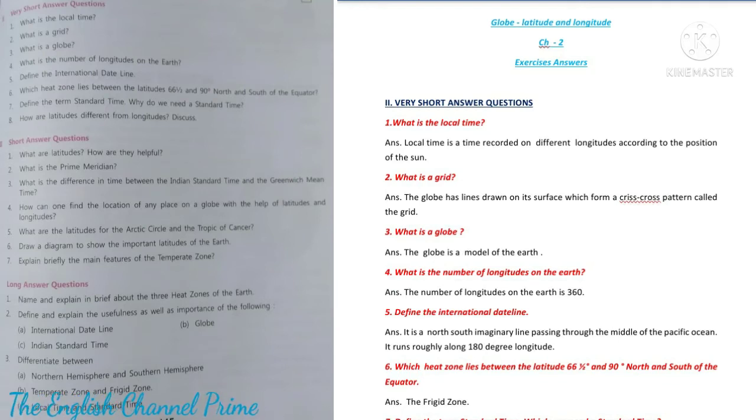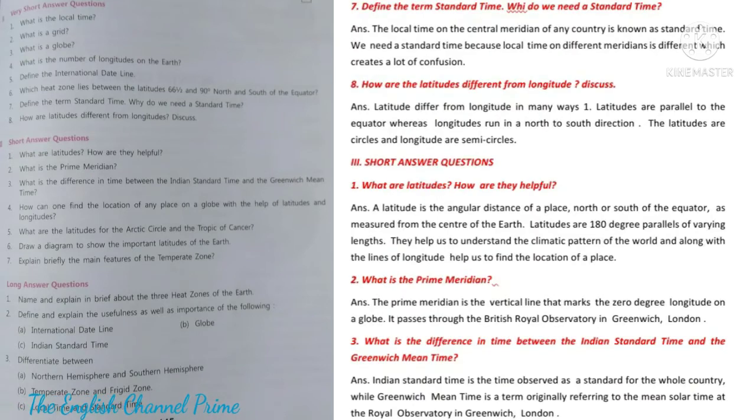Yes, it is the frigid zone. Seventh question, define the term standard time. Why do we need a standard time? Answer, the local time on the central meridian of any country is known as the standard time. We need a standard time because local time on different meridians is different, which creates a lot of confusion.